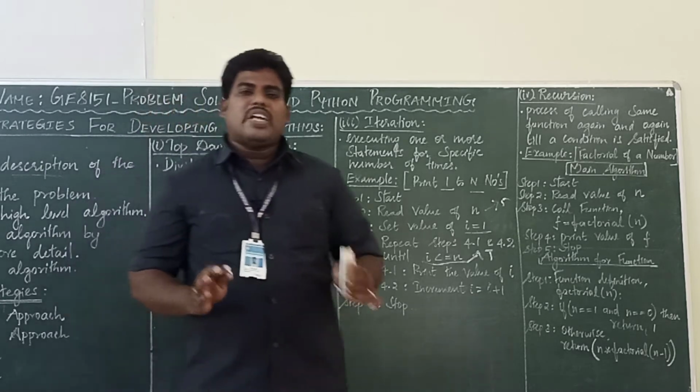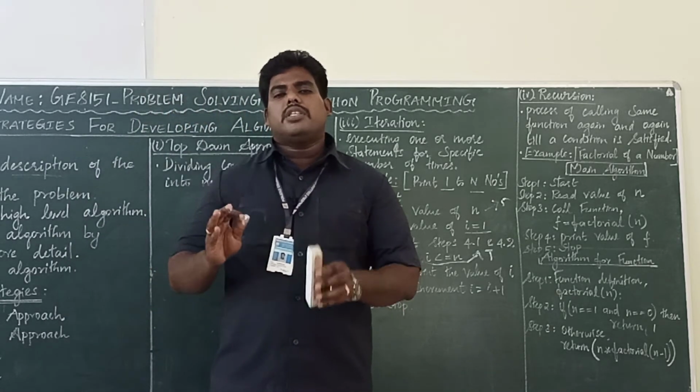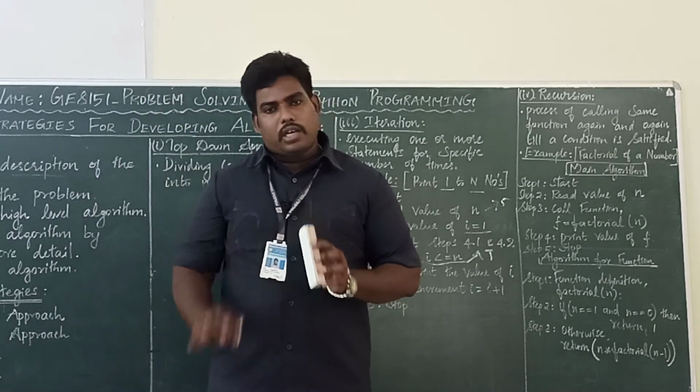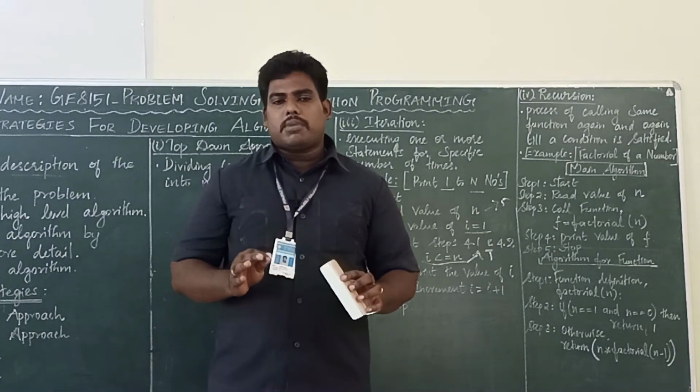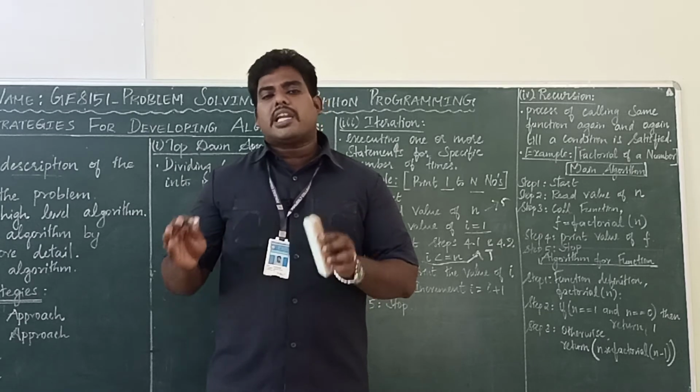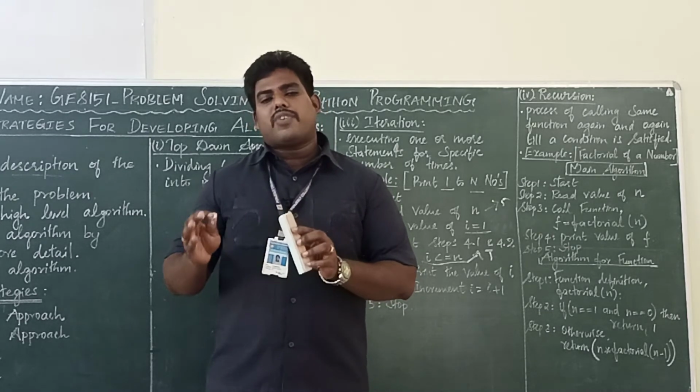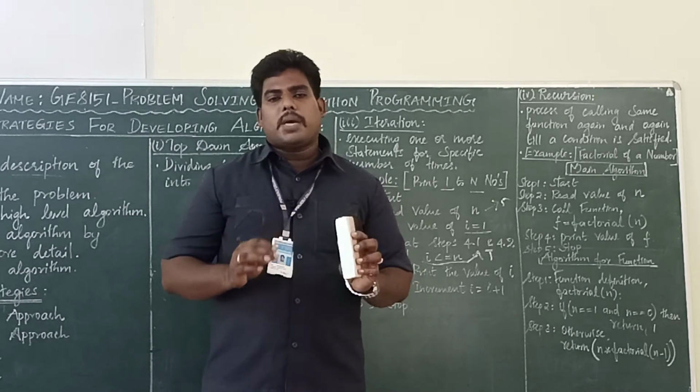So function is nothing but a set of instructions to do a specific task. What is that? Set of instructions, that is nothing but a set of statements, a set of lines of code for doing a particular task.